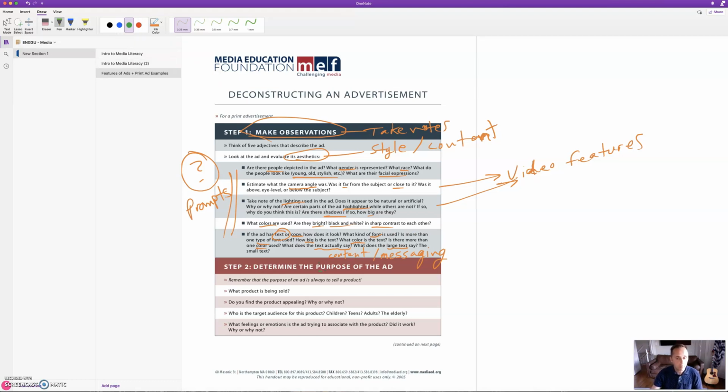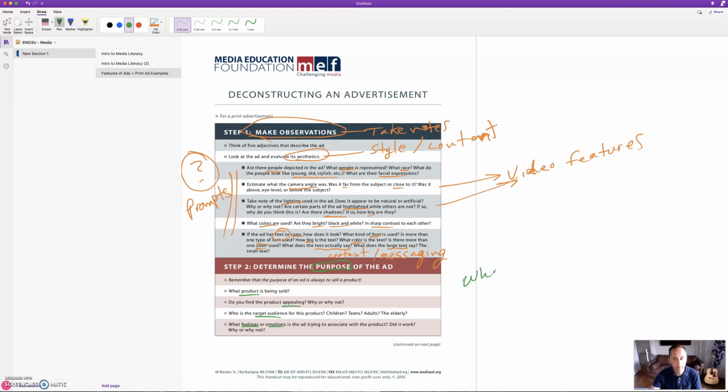Next, you want to think about purpose. What's the purpose? First of all, figure out what's the product being sold. Do you find it appealing, and why or why not? Who's the target audience? What feelings or emotions does the ad try to link or associate with the product, and did that work? Why or why not?